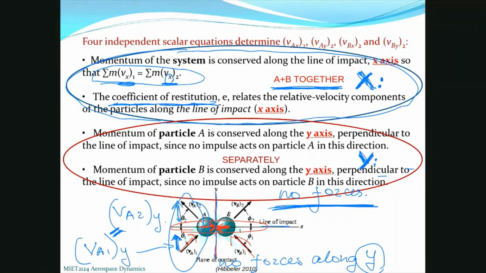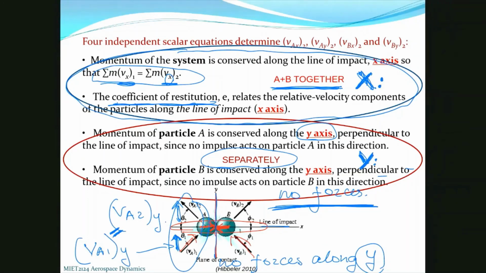Mathematically we can write it like this. We can say that in y direction, because there are no forces, we can analyze particles separately, and we can conclude momentum will be conserved for each particle.